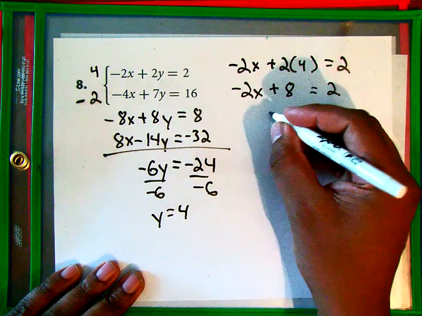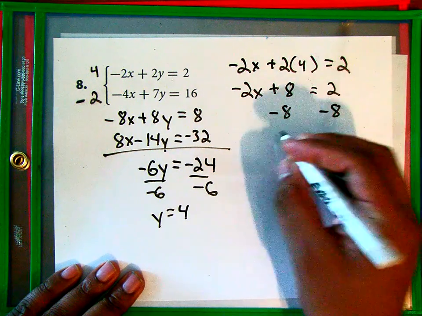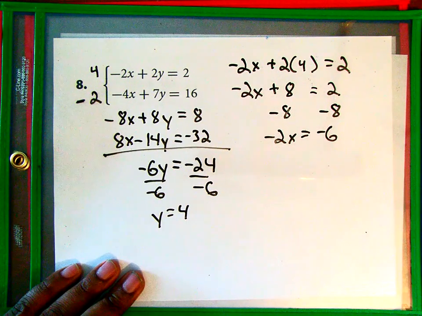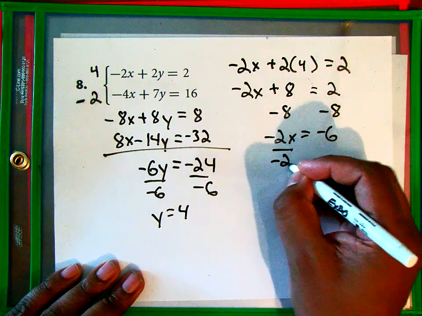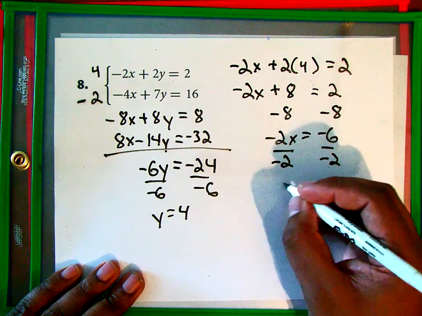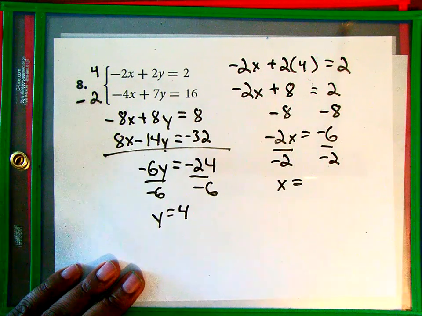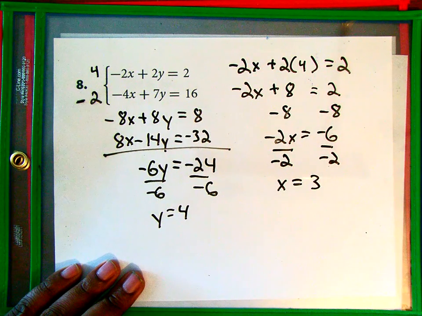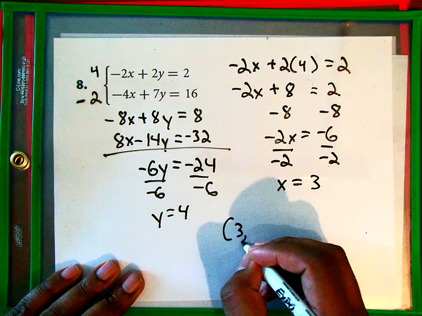Now I'm going to subtract 8 on both sides. Negative 2x is equal to negative 6. Then divide by negative 2, and x is equal to 3. So our solution is going to be 3, 4.